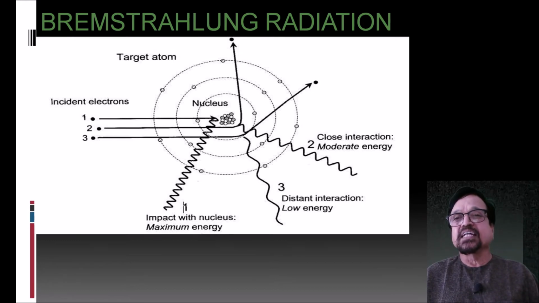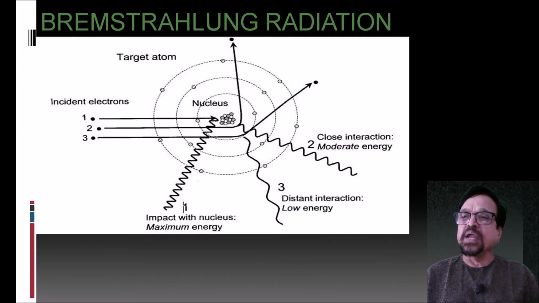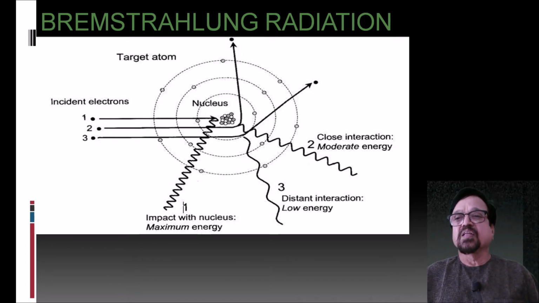What happens? The second is the one which goes slightly away from the nucleus and gets deflected. But while getting deflected, it has a close interaction, that is a moderate energy level, and it gets converted into low energy X-rays. Now the third is the distant interaction, that is low Bremsstrahlung radiation.